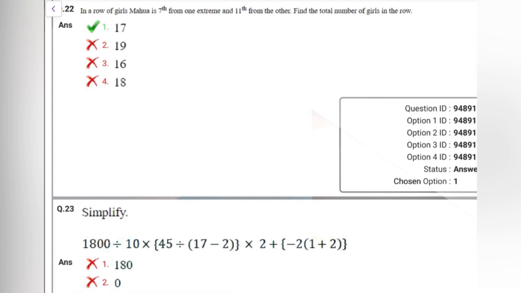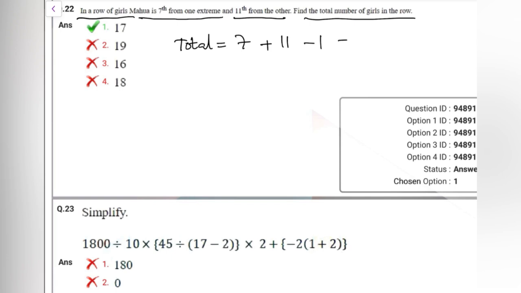In a row of girls, Mahua is 7th from the one extreme and 11th from the other. Find the total number of girls in the row. Here the total can be calculated as she is 7th from one extreme, we can take 7 plus 11 which is from the other extreme minus 1.